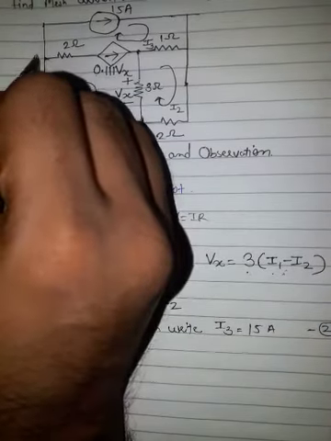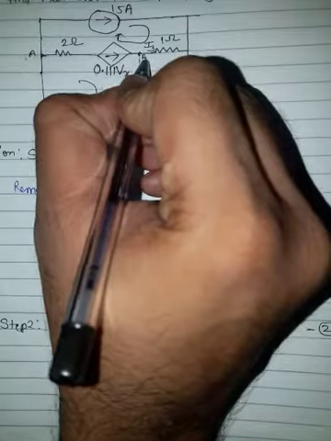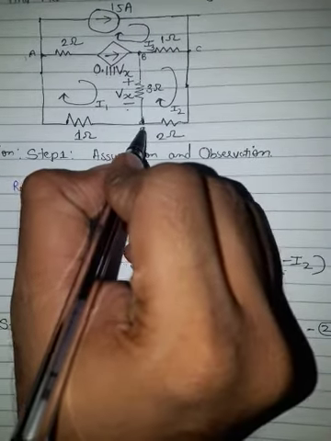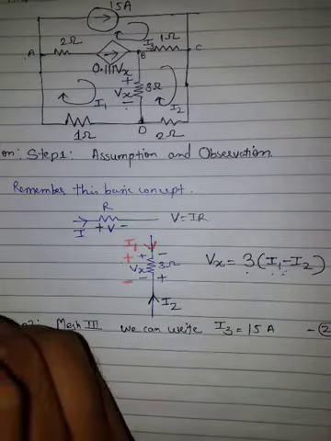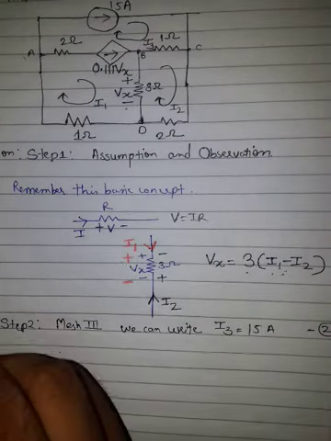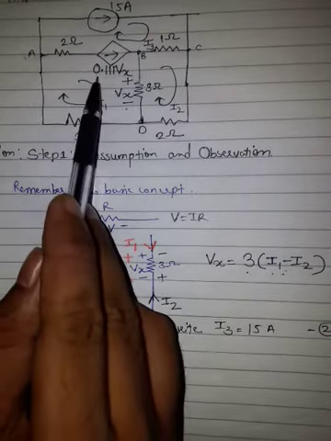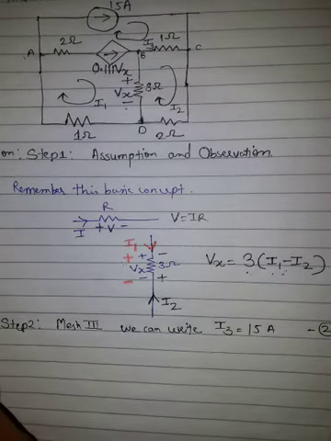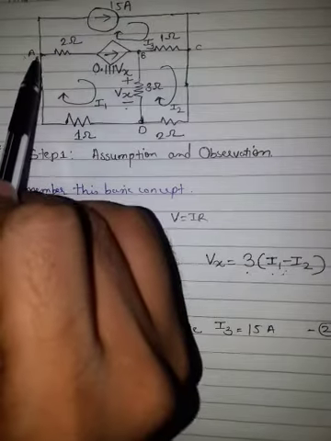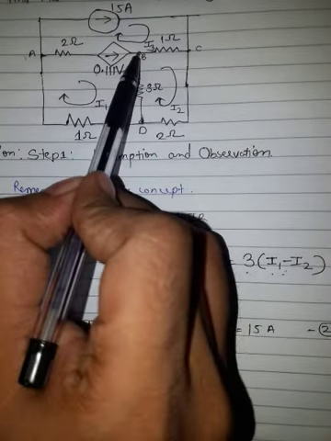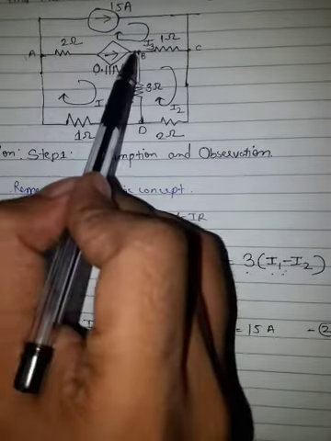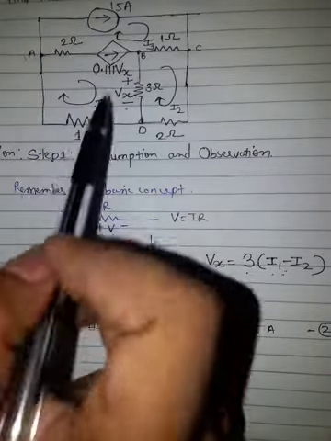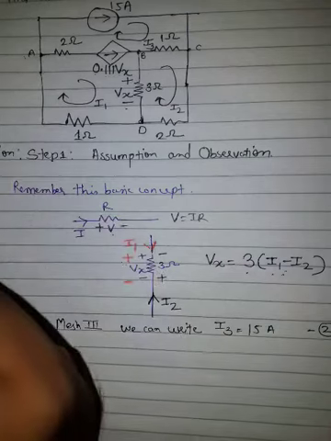Let's say this is A, B, this is C, this is D. So we can write the value of this 0.111 Vx. Between these two points A and B, two currents are flowing. One is I3 and the other is I1, in opposite direction.